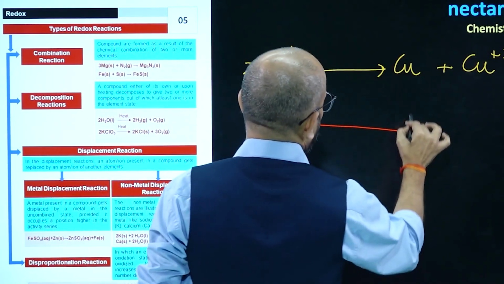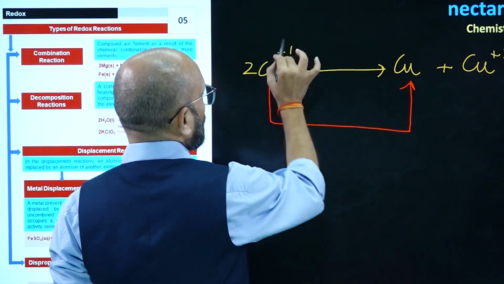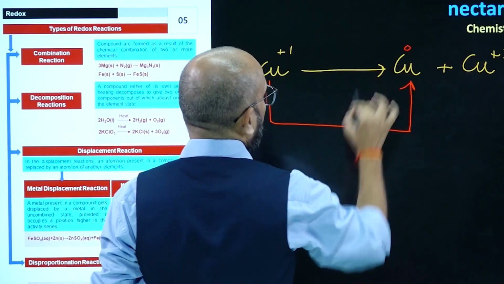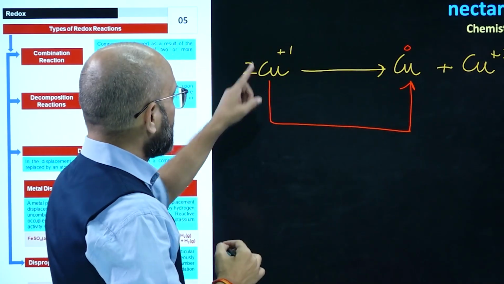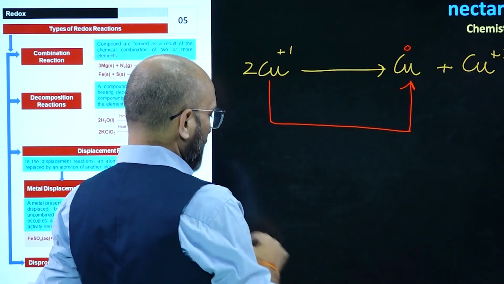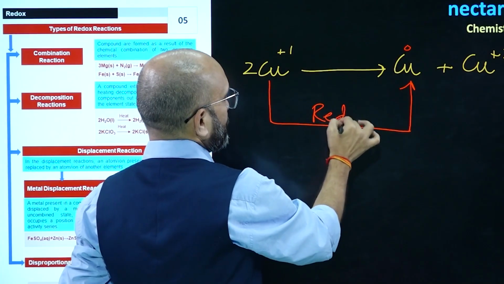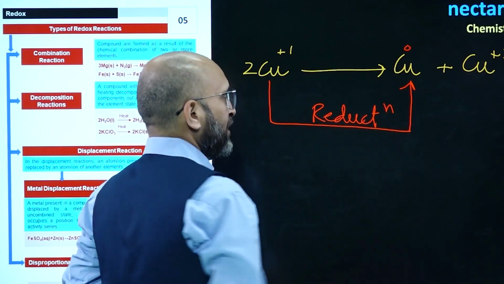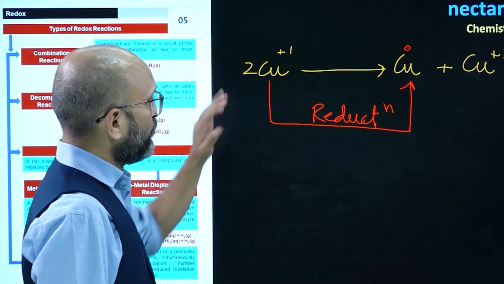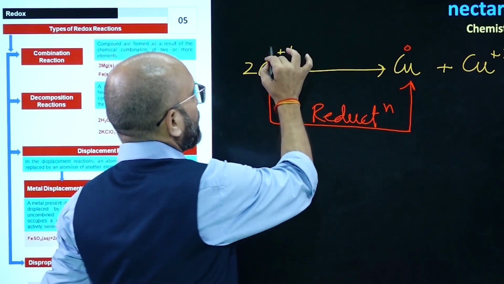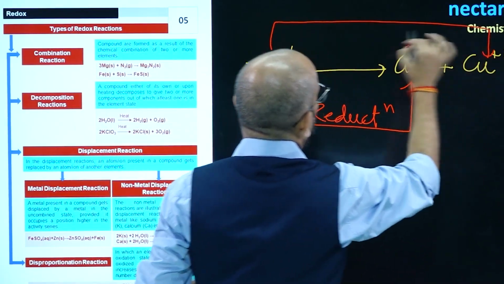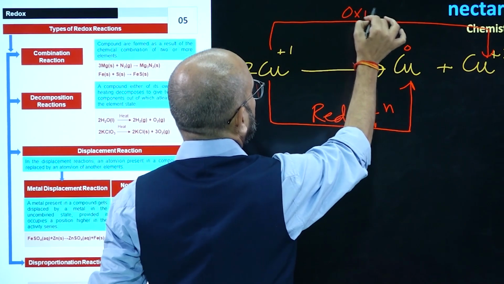From copper +1 to copper 0, the oxidation number is decreasing. So this is reduction. And from +1 to +2, this is oxidation.